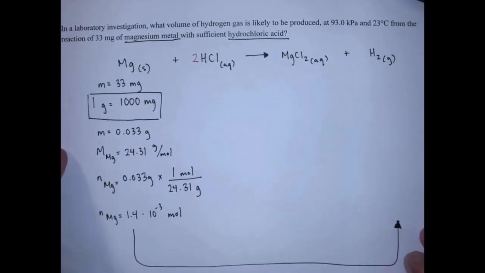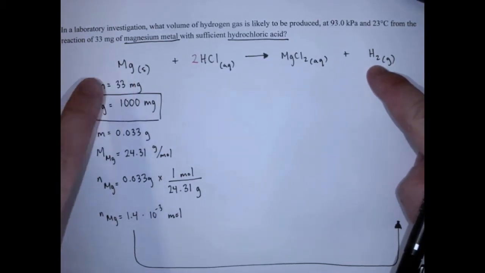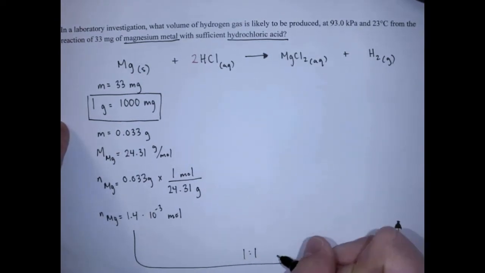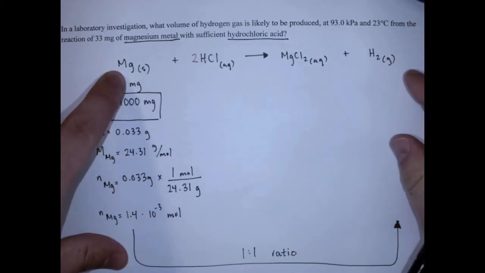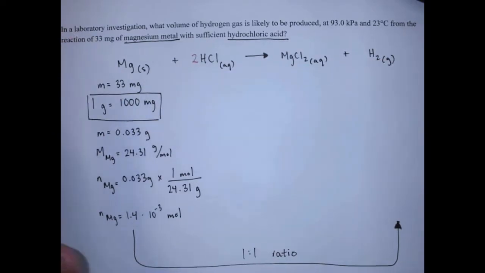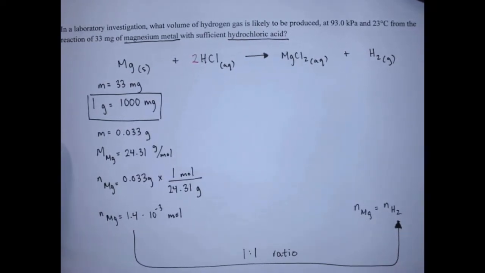What's the mole ratio between magnesium and hydrogen gas? Well, it looks like it's a 1-to-1 ratio. So that means 1 mole of magnesium consumed will produce 1 mole of hydrogen gas. So that means my number of moles of magnesium equals my number of moles of hydrogen gas.